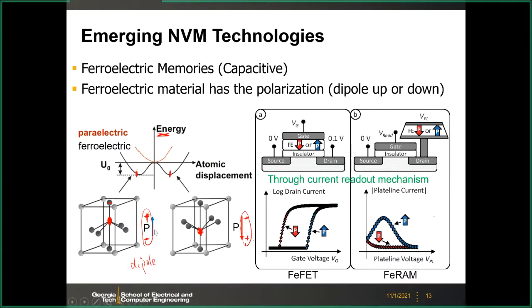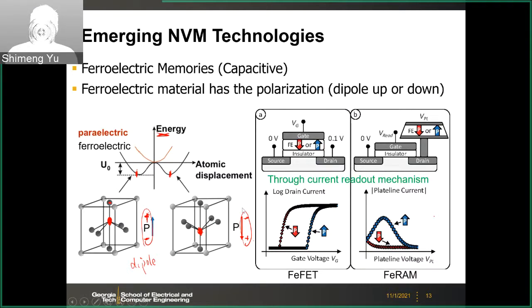So how do we use those two states? You have different configurations in the device. One is called the FE-FET. This is the ferroelectric field effect transistor. Here, the idea is to embed this ferroelectric material into the gate stack of your transistor.